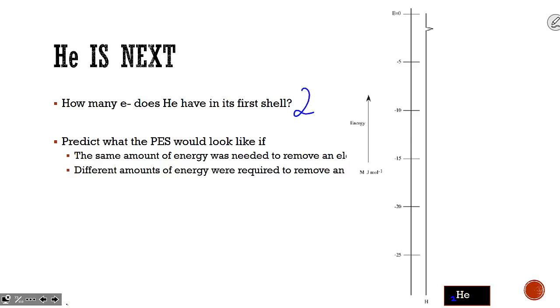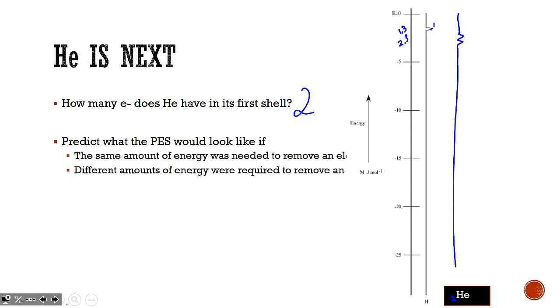So the question that we're looking at is, how many electrons does it have? Okay, it's got 2. In that same shell, 2 electrons, if they required different amounts of energy, so since it was the same as first ionization energy, helium would be 2300, different amounts of energy would mean we would have 2 blips of approximately the same size as this one.